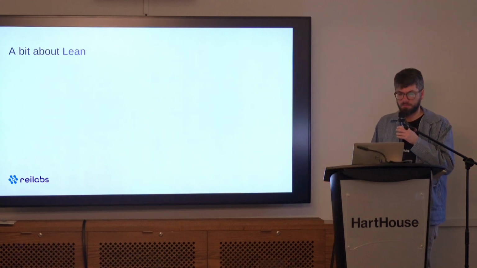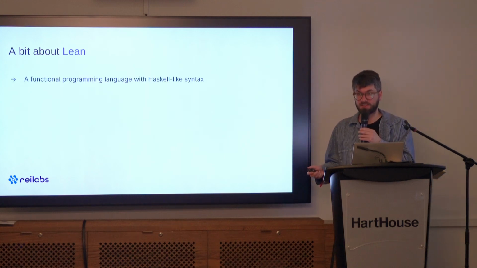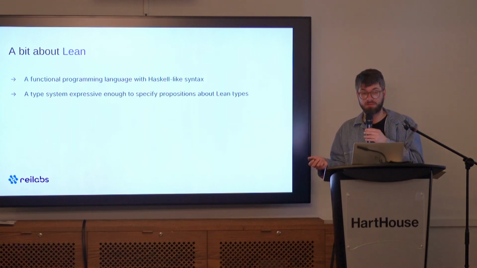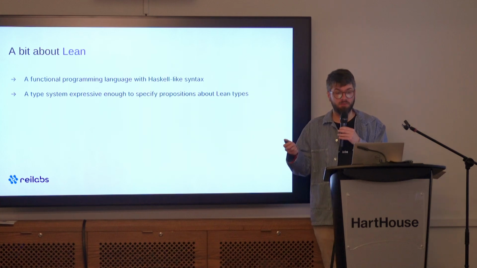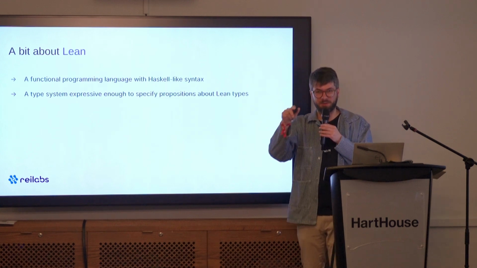So now just to get you a little bit ready for the interactive component, here's a little bit about Lean. It's a functional programming language with Haskell-like syntax. I've shown a couple examples of Lean code already, and if you're familiar with Haskell, it should look familiar from that. The difference with Haskell is that it has a type system that's expressive enough so that it can specify propositions about Lean. You can do existential quantifiers like the exists, backwards E kind of letter.